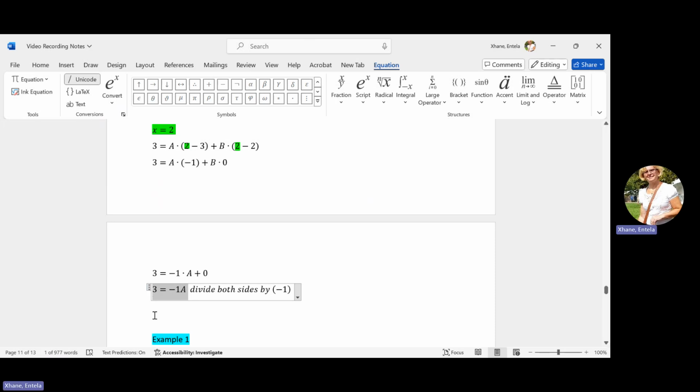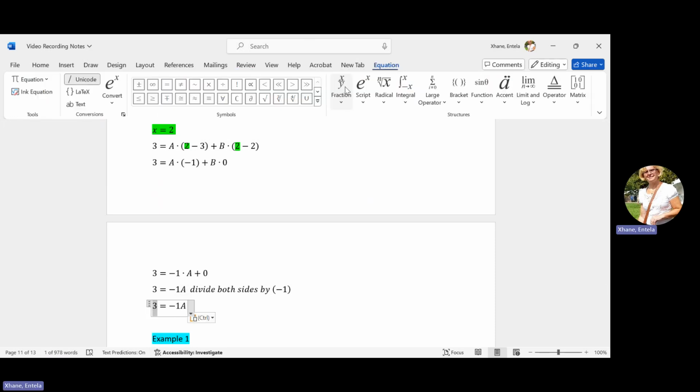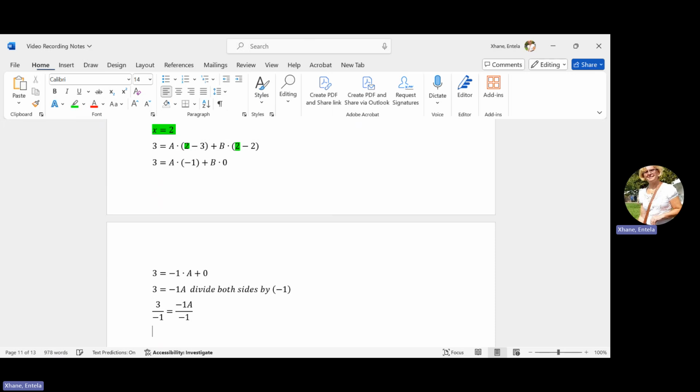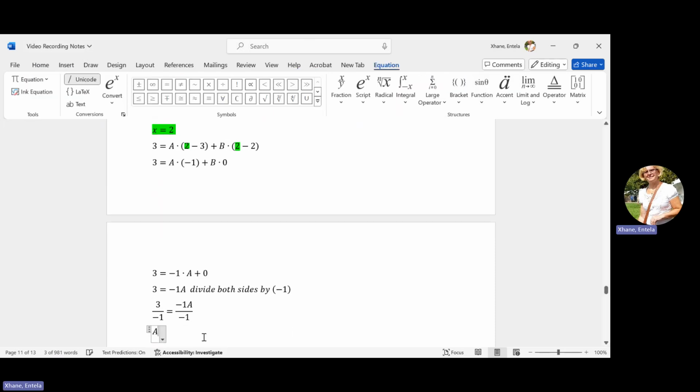So that's going to be reflected in the next step. So here's the fraction form. You're dividing by -1, and then -1 times a will be divided by -1. So that means a in green equals -3.